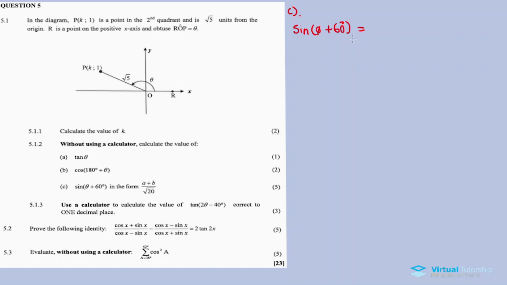Theta plus 60 degrees is not a reduction nor a co-ratio or co-function. So let's use the compound angle. Specifically, sine of alpha plus beta is equal to sine alpha times cos beta plus cos alpha times sine beta.